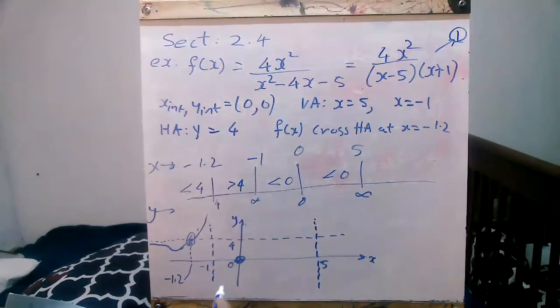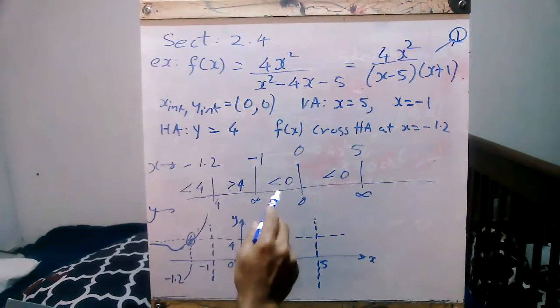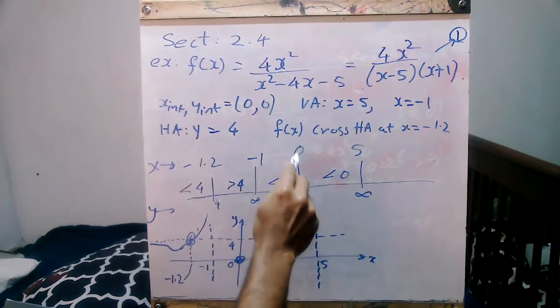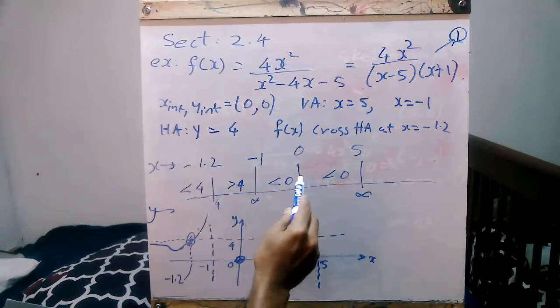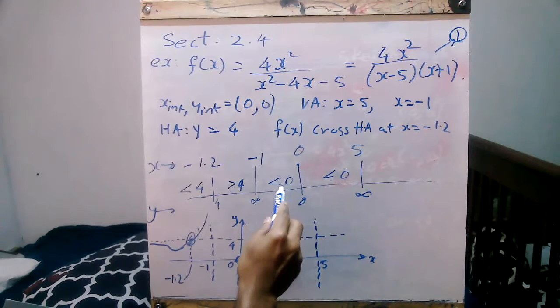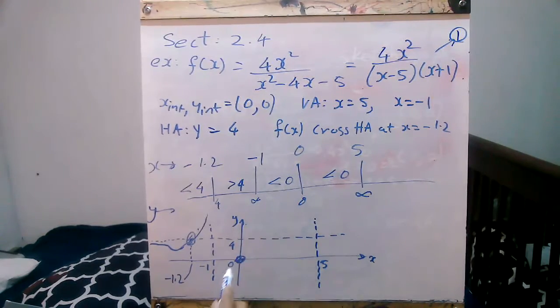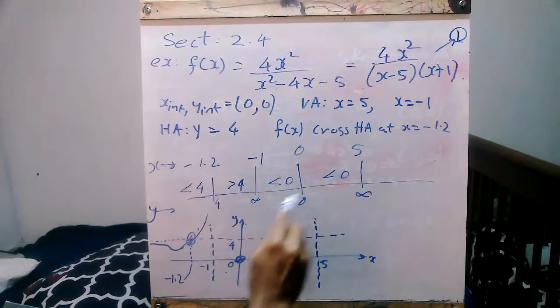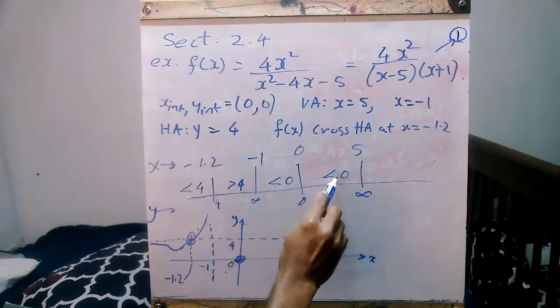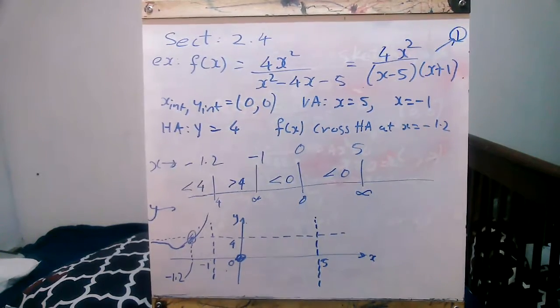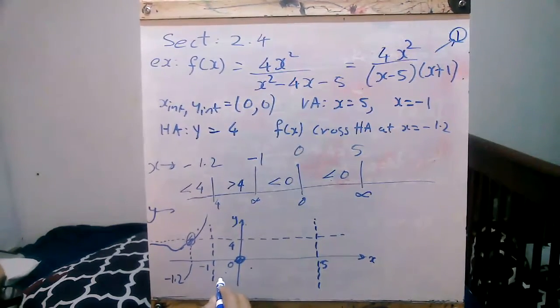Now with x equals 0, left of 0 it is less than 0, that means it is below the x-axis. Right of 0 it is again less than 0, so on both sides it is below, therefore the graph should go like this.